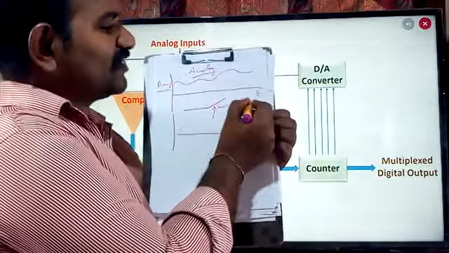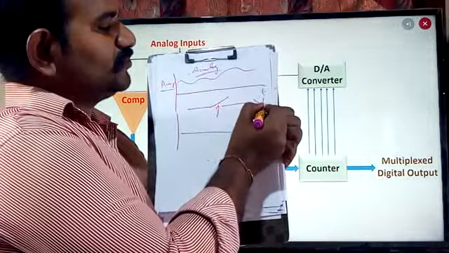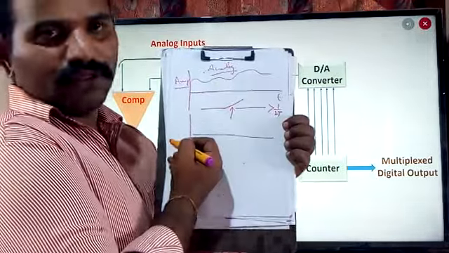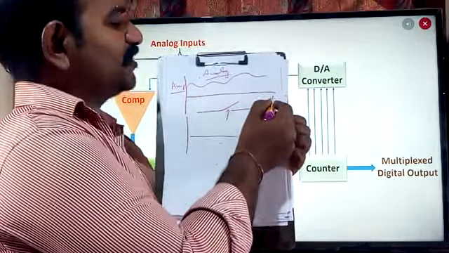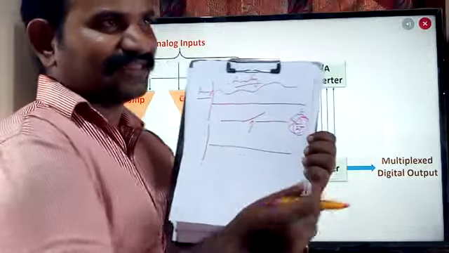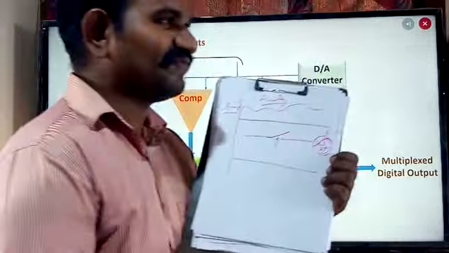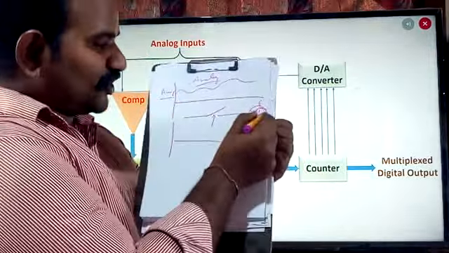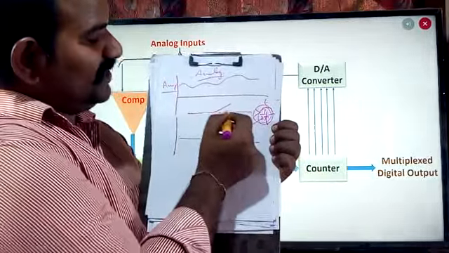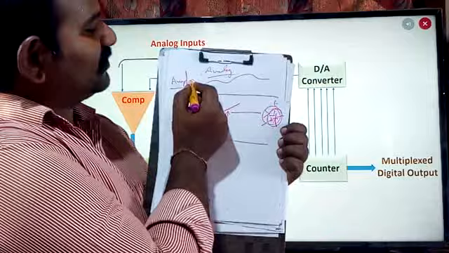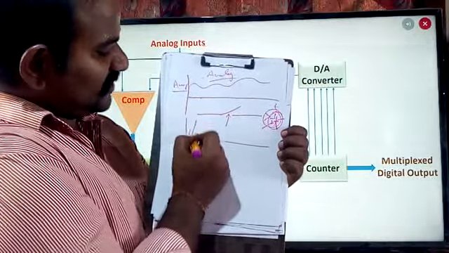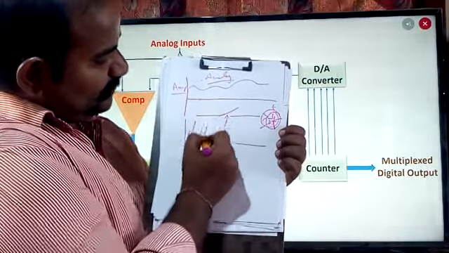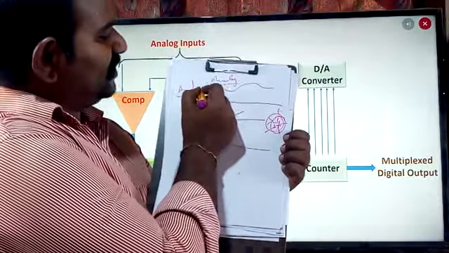So this one is called the sampling theorem: twice the input signal frequency, there is a certain rule, but I'm not considering this one. So we are using the switch. This switch is going to convert the continuous signal into the discrete format. Continuous signal into the discrete format means time slices.